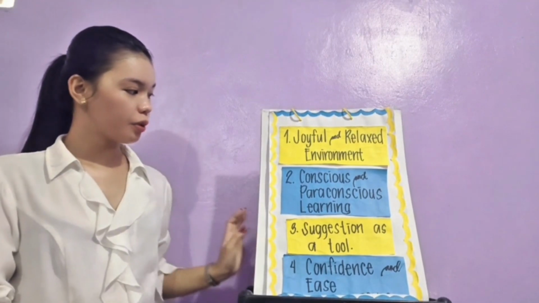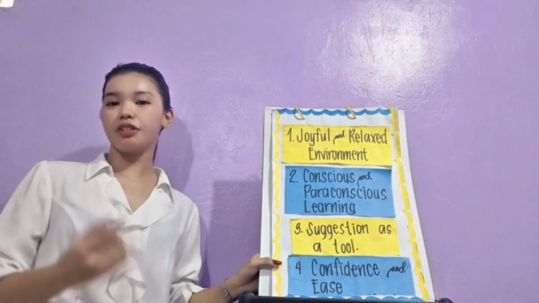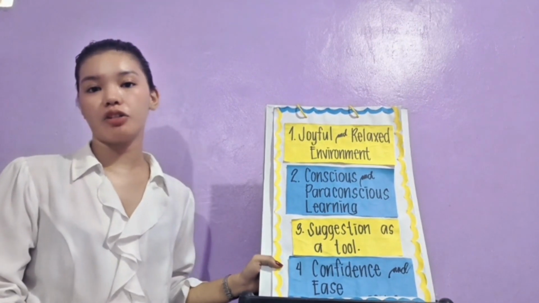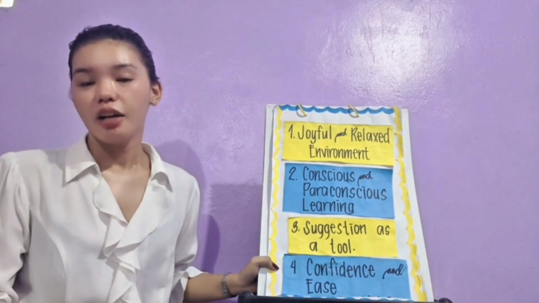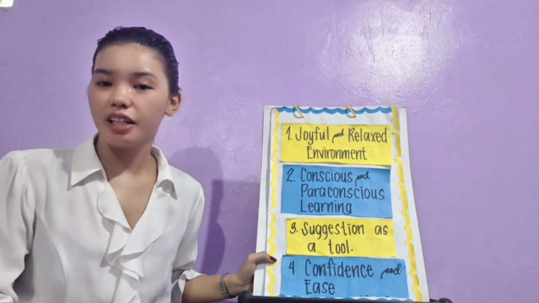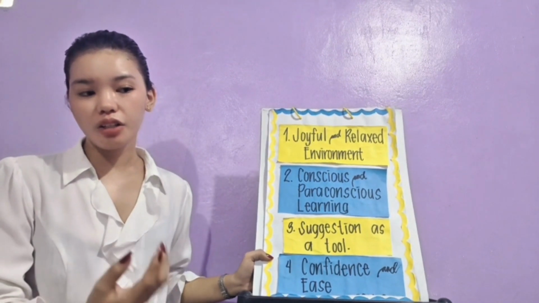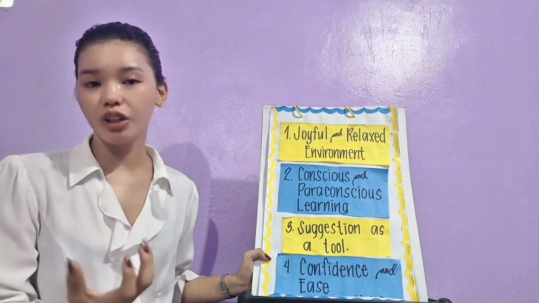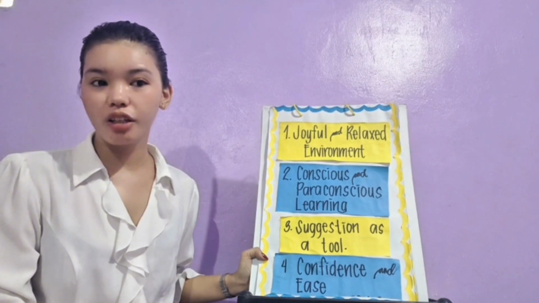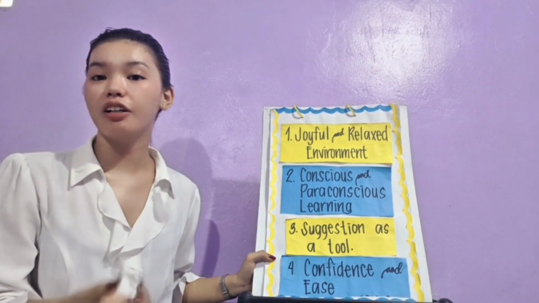So the second principle is conscious and paraconscious learning. Why did we say that in the Desuggestopedia it is conscious and paraconscious learning? Kasi there are some learnings that the students are really aware of what they are learning.